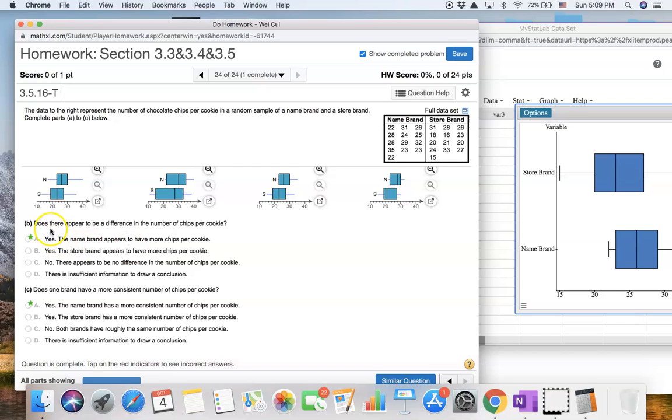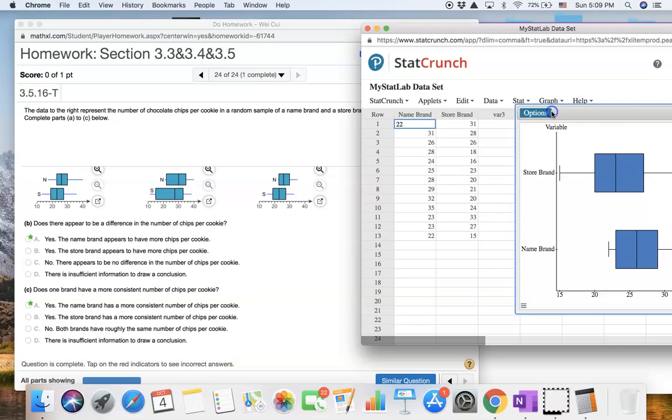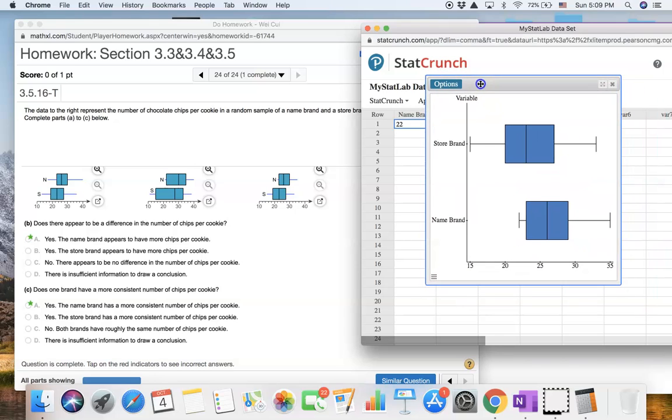Now, for part B, does this appear to be a difference in the number of chips per cookie? Well, to answer this question, we're gonna look at their median. Why? Because the median tells me like the average of the chips per cookie.